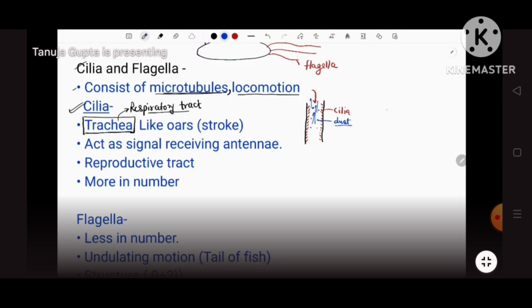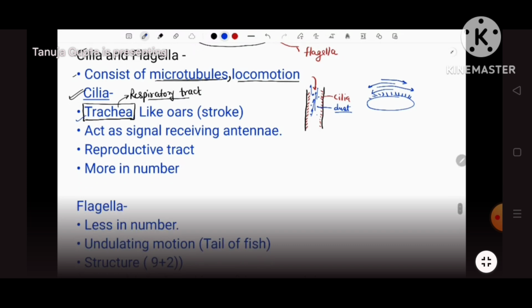It works like the oars of a boat. The oars move in one direction first, then the opposite direction, again one direction, then opposite. They all work synchronously. So they move in this direction. That's why all the dust particles are thrown out of the trachea, so that they cannot enter into the lungs. So this is the role of cilia in trachea.